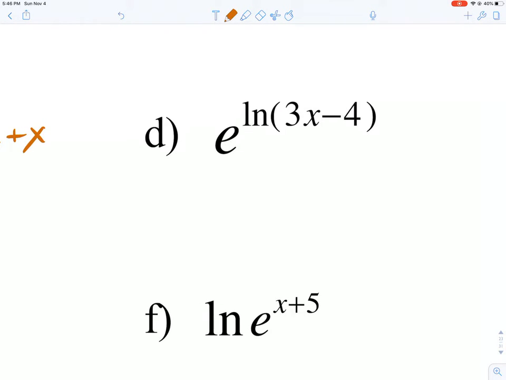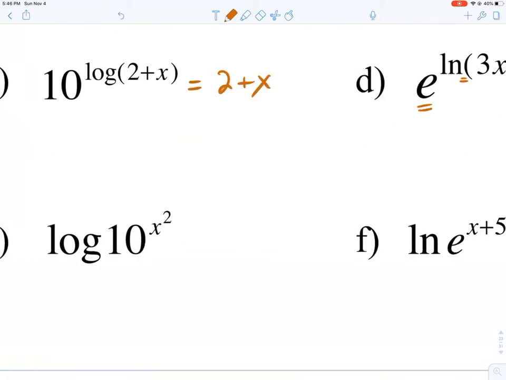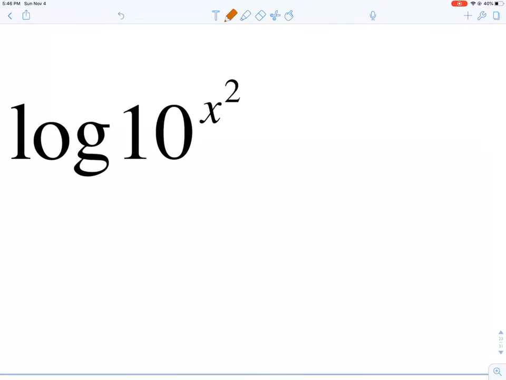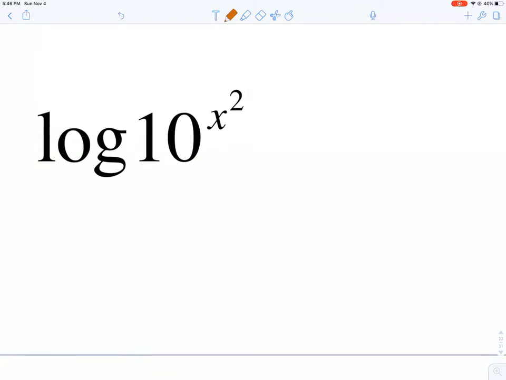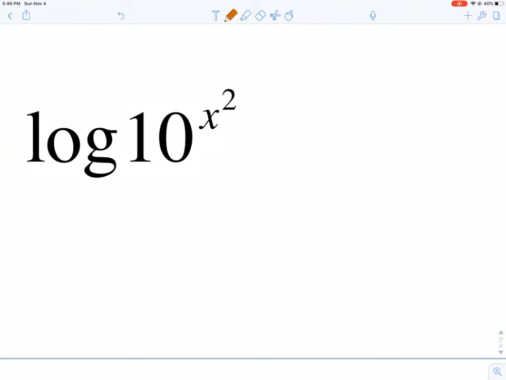Okay, for D, e to the ln. Okay, so same base here and here. So this will be equal to 3x minus 4, again by property number 4. Okay, so the log base 10 of 10 to the x squared. Because these bases are the same, that's equal to x squared.